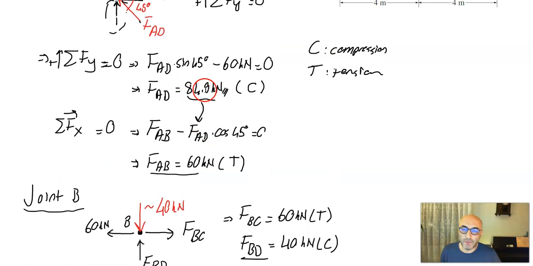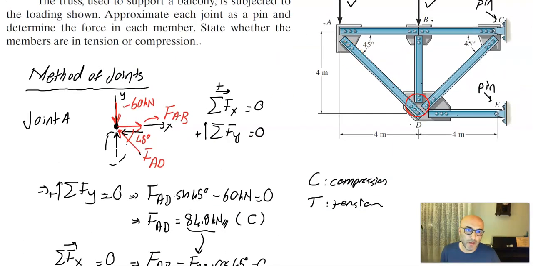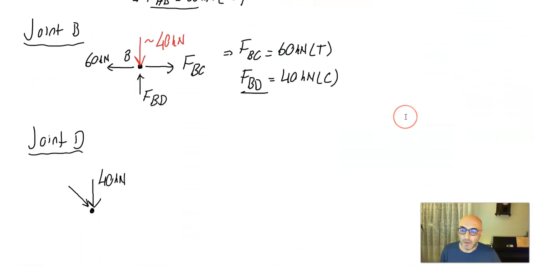FAD is equal to 84.9 kilonewton in compression. So that's 84.9 kilonewton, and the rest is the other two.